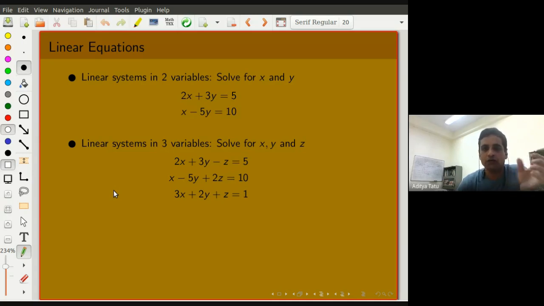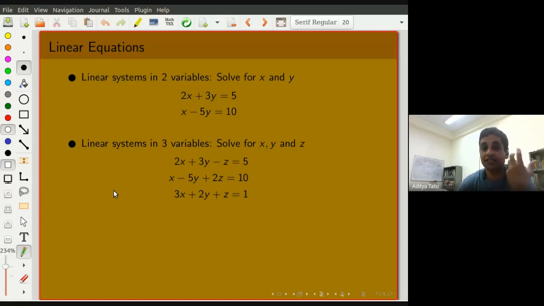we know how to solve two equations or three equations in two or three variables, but in practice, for example, if you look at the Google search engine, which is a very famous example, the number of equations and number of variables go up to millions and millions. So in that case, how do we handle such systems?